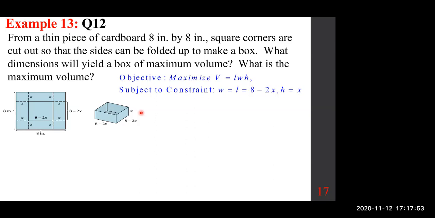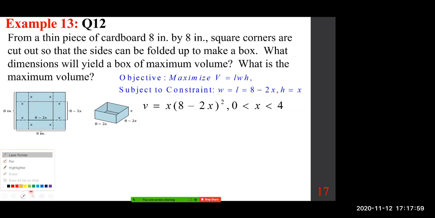Everything is a function of x. When you square this, you get 64 minus 32x plus 4x squared.